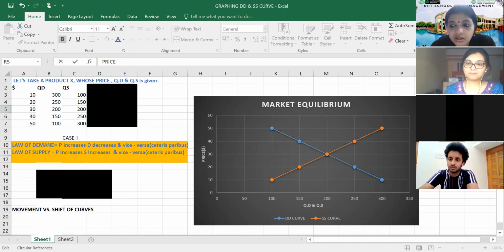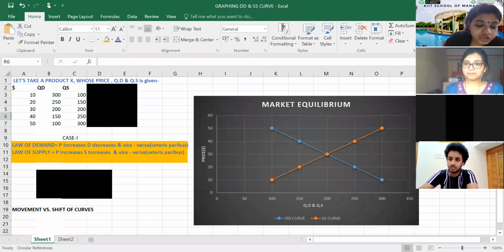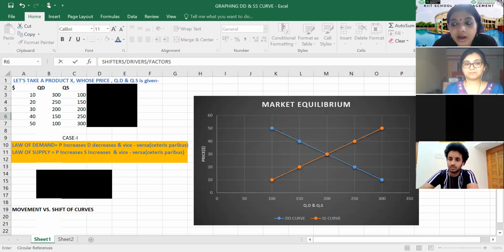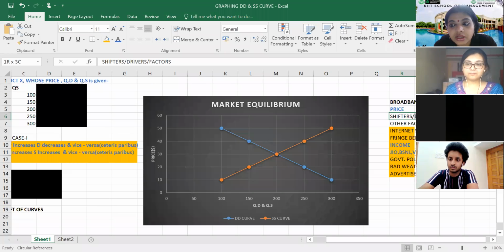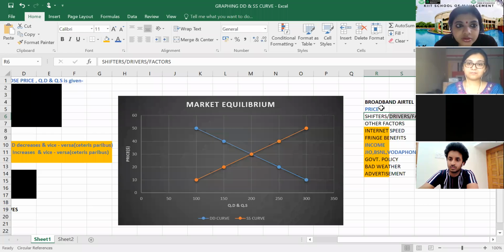So all these things, either price or the other factors, are called the shifters or the drivers or the factors affecting the demand and supply. In technical language, you can call them the shifters, the drivers, or the factors which have affected the level of demand. Okay.